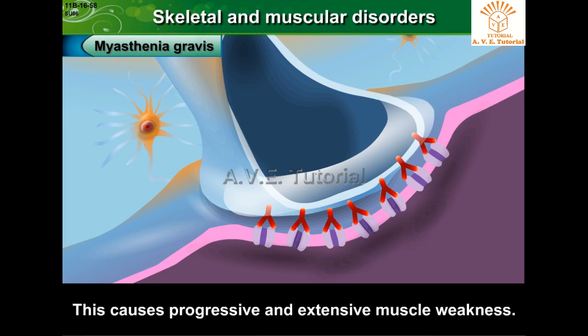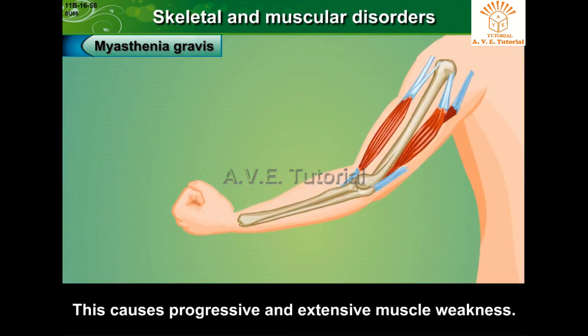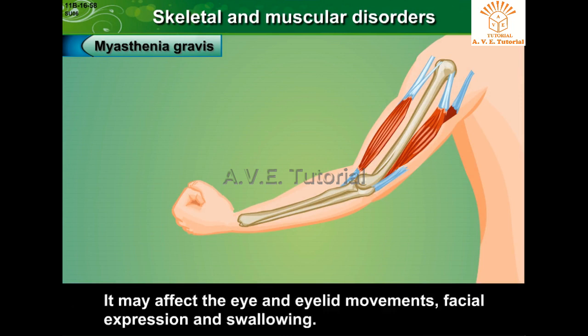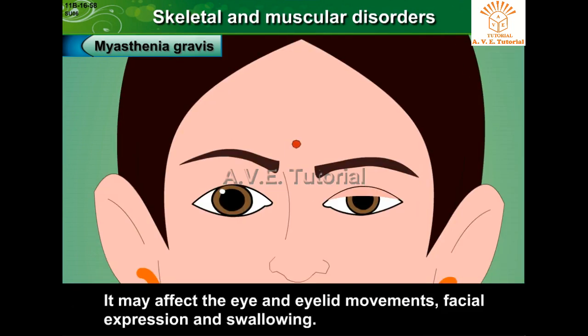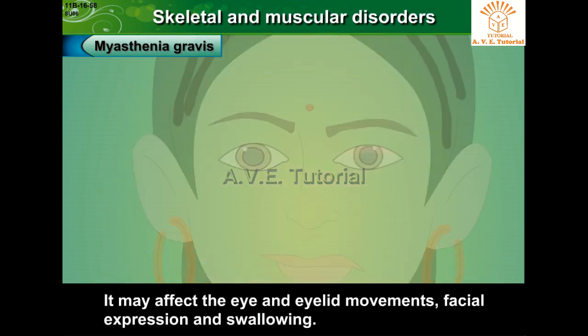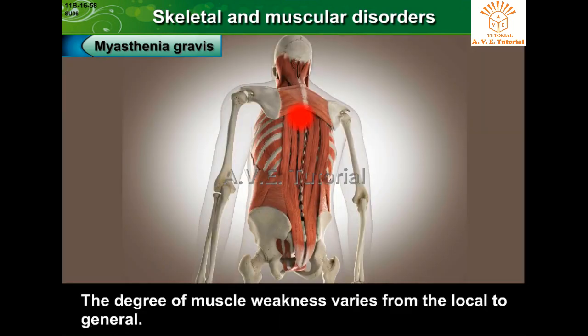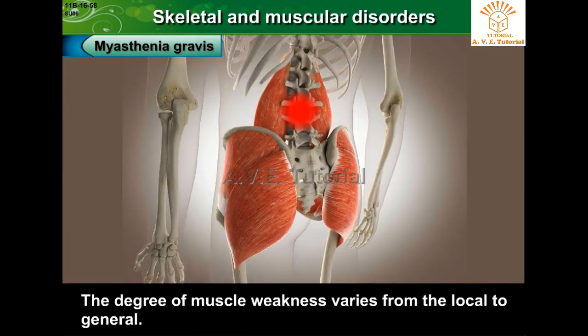This causes progressive and extensive muscle weakness. It may affect the eye and eyelid movements, facial expression, and swallowing. The degree of muscle weakness varies from local to general.